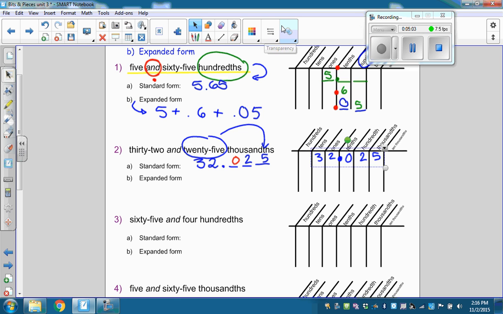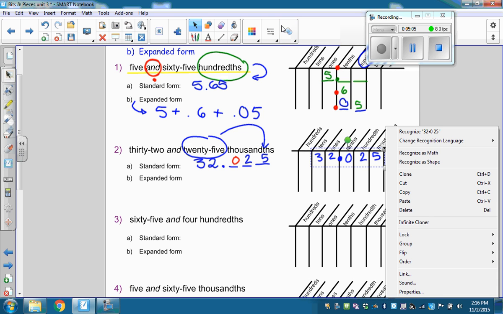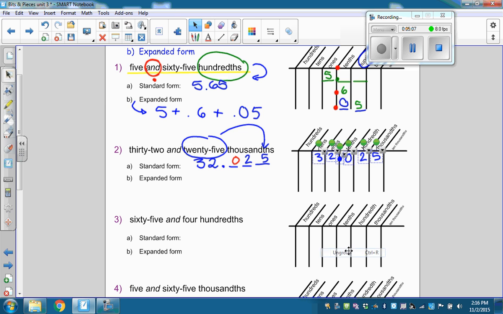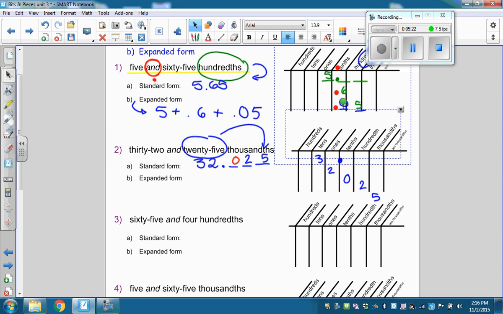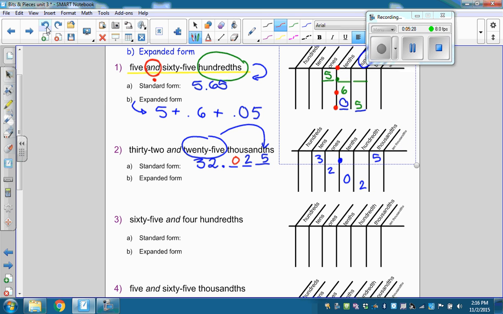And if I take that whole thing, I should be able to pull it apart and write it in what we call expanded form. So now look at what happens. I've got to take that decimal. That was funny. I got to put the decimal everywhere. Let me get that back to where it's supposed to be.